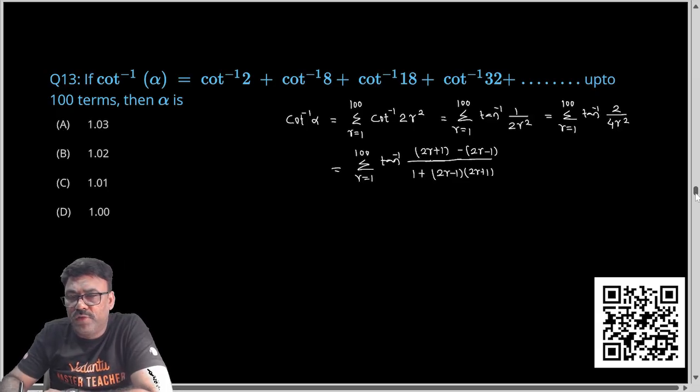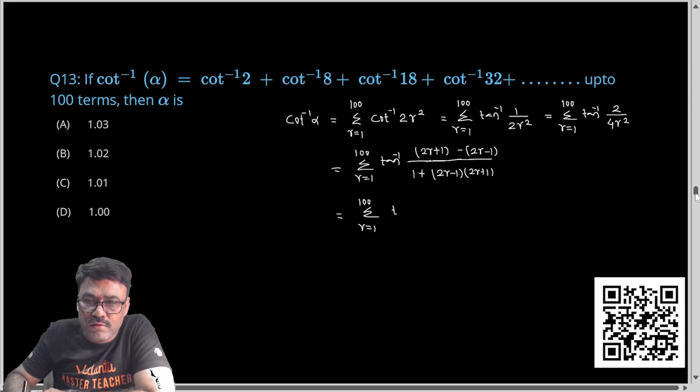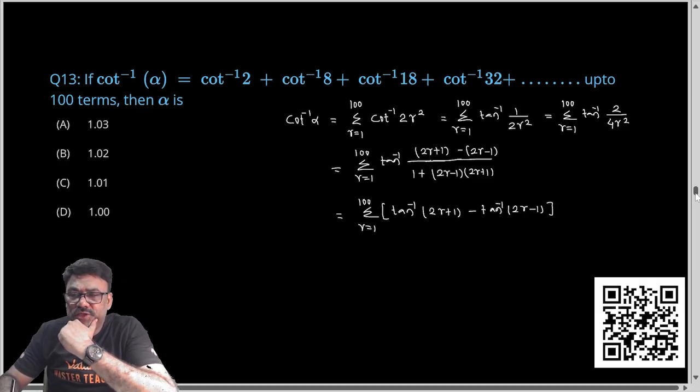So now it is the formula tan inverse x minus y over 1 plus xy, and it can be written as tan inverse x minus tan inverse y.